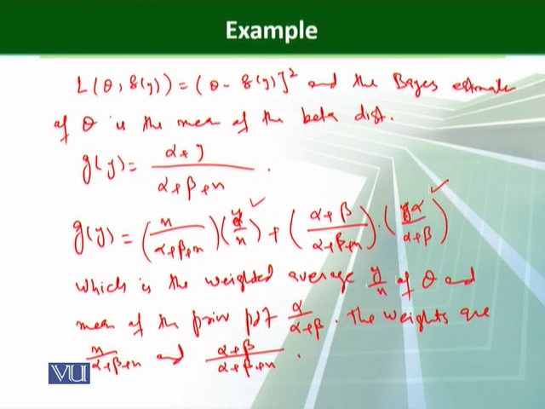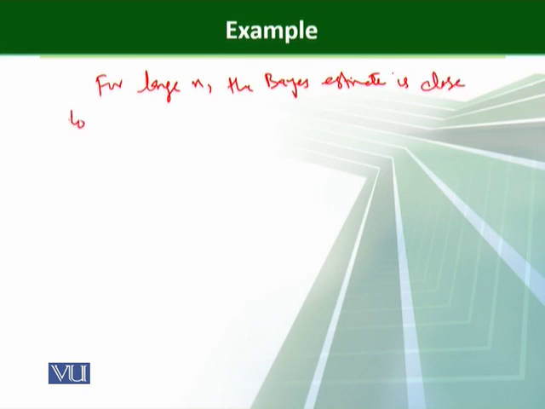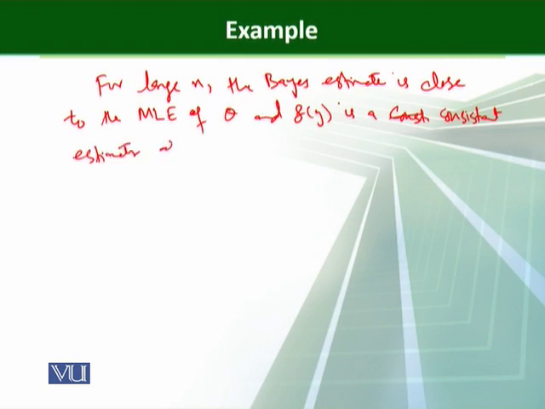And further we can find the result for large n. So for large n, the Bayes estimate delta y is close to the maximum likelihood estimate of theta, and it becomes a consistent estimator of theta.